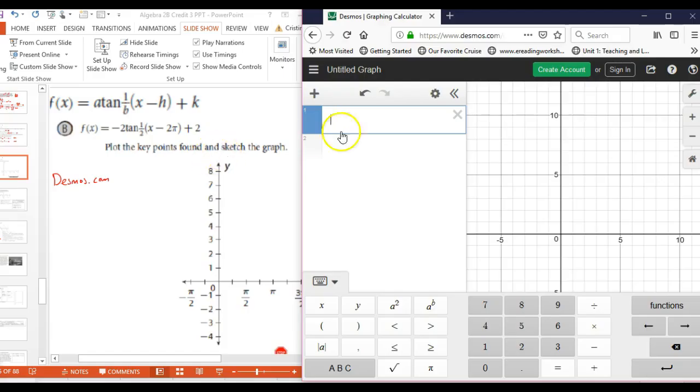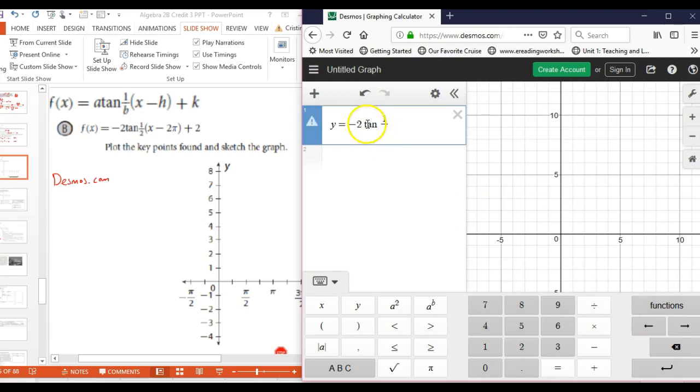So let's go ahead and type this in. Instead of writing f of x, I'm going to write y equals -2. And instead of using the function key, I could also type in the word tan, and it gives us tan anyways.